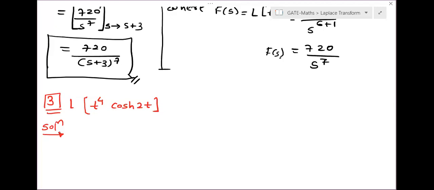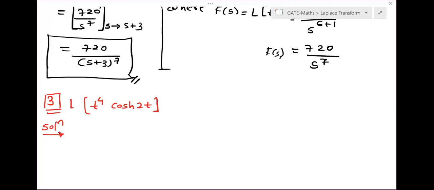We are not having any property based on cos hyperbolic, but can we convert cos hyperbolic into any other thing? Yes, yes, yes. That only, right?